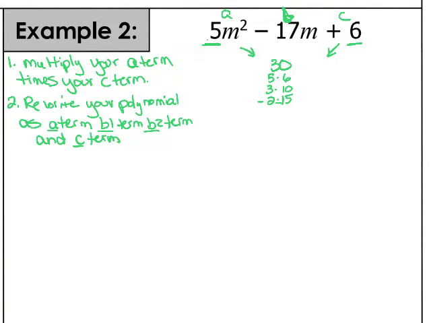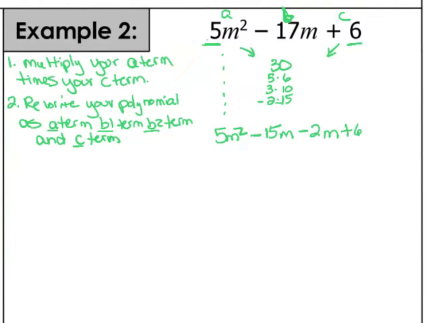Okay? And what does that mean? It means bring down the A term. Now minus, we'll say 15m minus 2m plus 6.